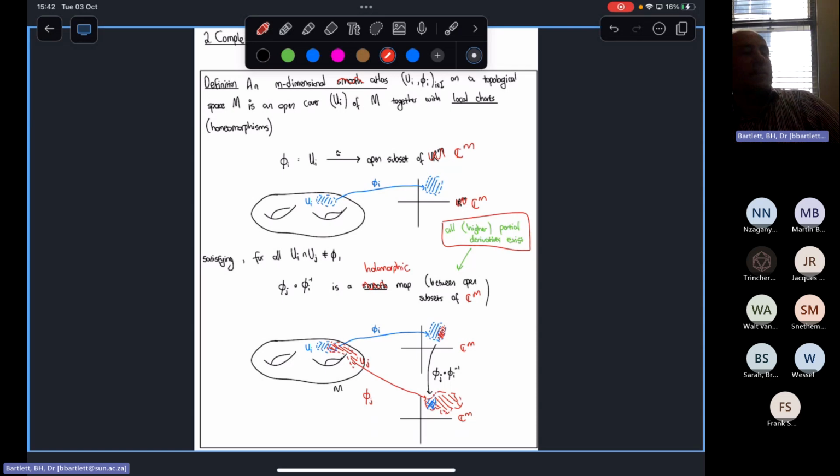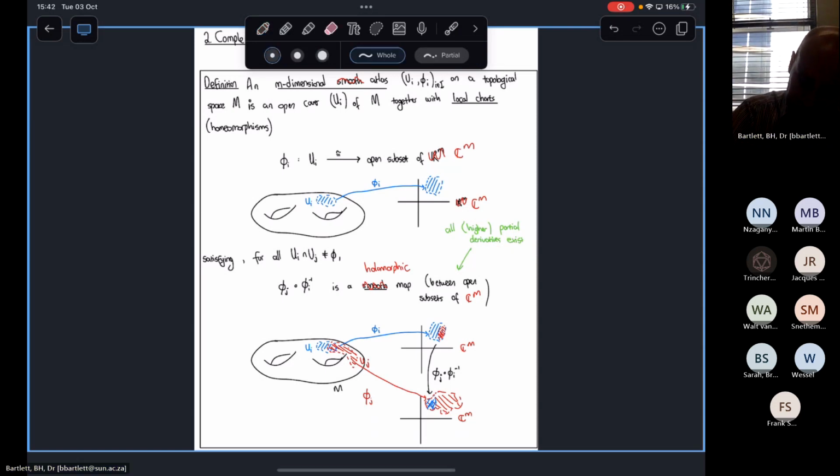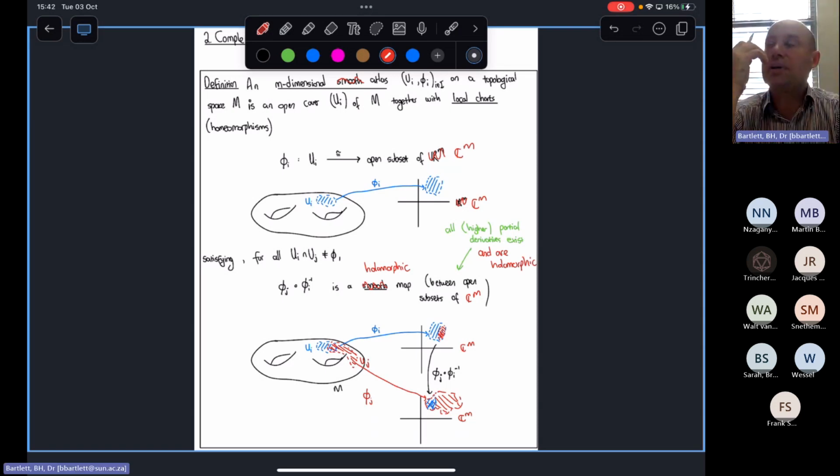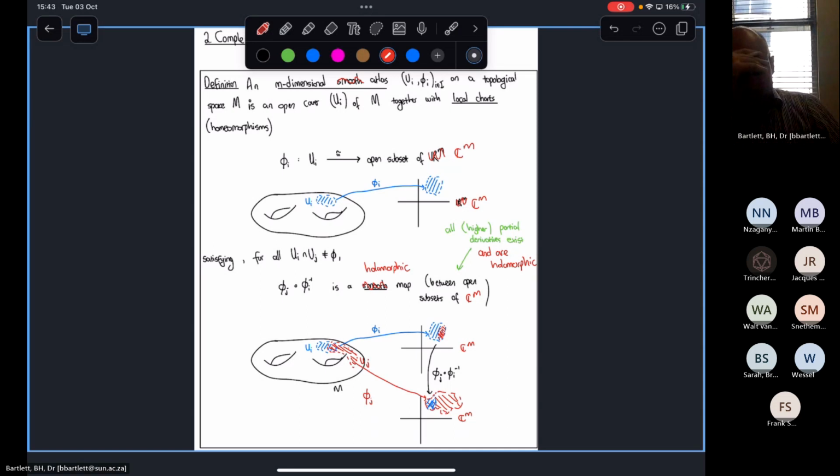There's a slight subtlety here. I could demand that all higher partial derivatives exist and are holomorphic themselves. That's maybe what I'll write down. But as you know from complex analysis, it's actually sufficient just to know that this function is holomorphic, since a holomorphic function implies that all its holomorphic derivatives exist. Anyway, it's fine.